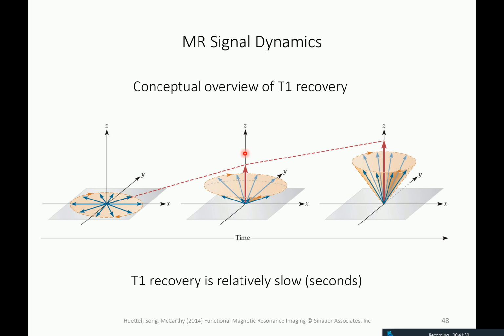What is shown here is that the Z direction magnetization is building up again, and you see this line going up. This is not measured anywhere. The only way this can be measured, and this is what we will see in a bit, is this: let's say we are at this point and there is no magnetization in the Z direction. If you now excite the whole thing again, there's nothing to be tipped into the transverse plane.